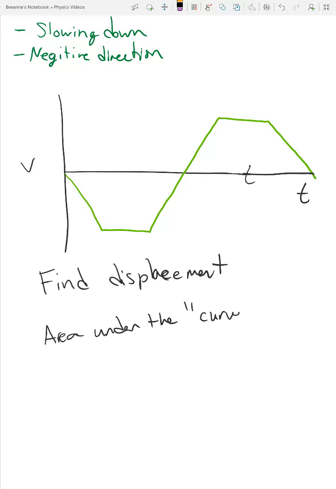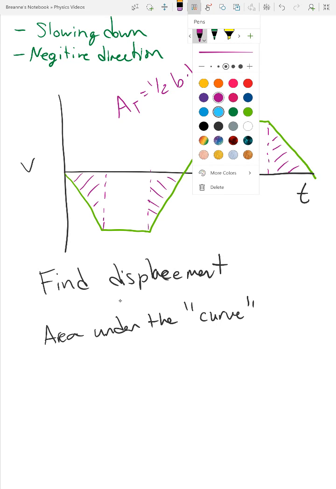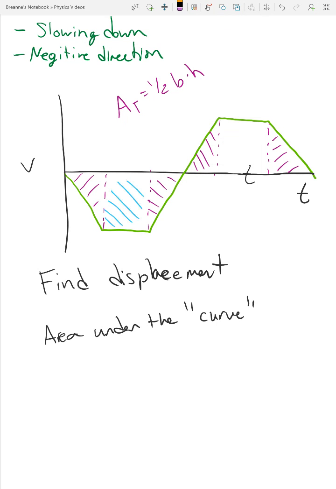And I put curve in quotations because is there a curve? No. So basically you have to do area of a triangle, which is 1/2 base times height, and area of a rectangle, which is just base times height.